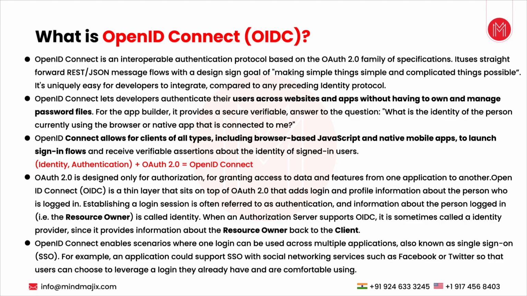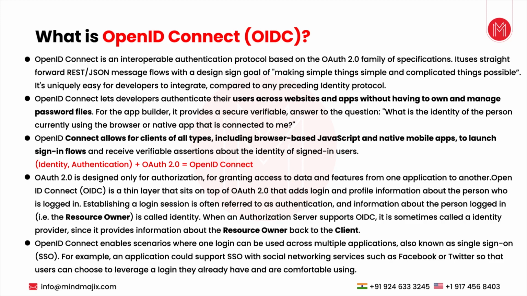OAuth 2.0 can also do authentication, but that's a pseudo authentication. So primarily the objective of OAuth 2.0 is to do authorization, and primarily the objective of OIDC is to do authentication, although both can do both.